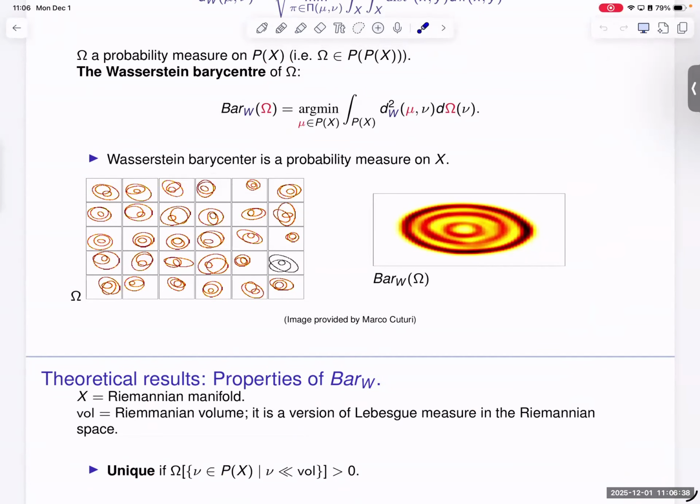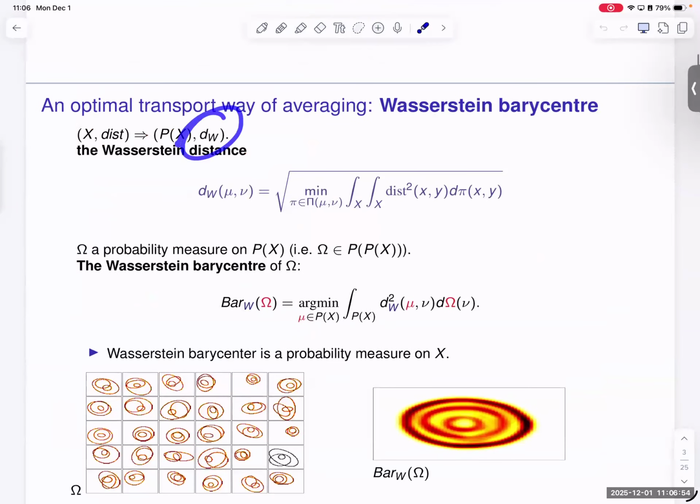My understanding was, is it true that this probability space over a compact set is compact? Yes, with respect to the weak star topology, which is the same as the metric topology of the Wasserstein distance.